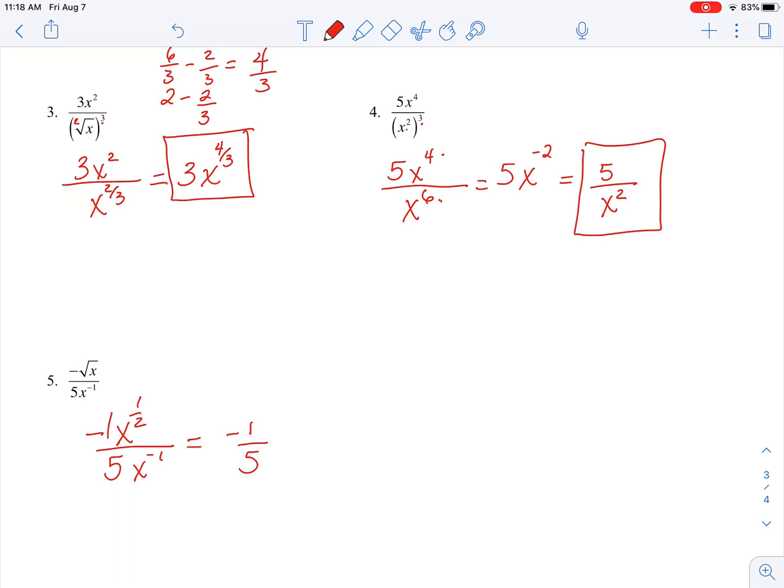So that would be my multiplier or number part. Now I'm going to focus on the variable part. When I divide like bases, I subtract their powers. So this is going to become x to the 1/2 minus -1, which is really 1/2 plus 1, which is 3/2.